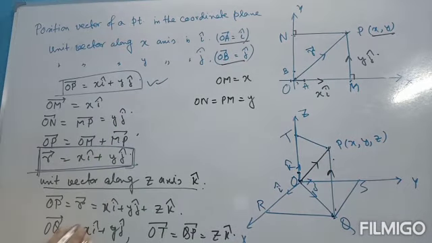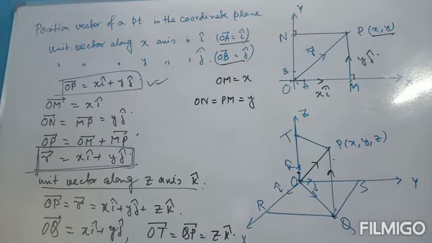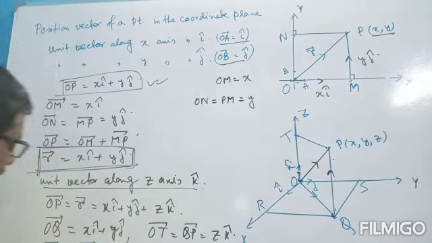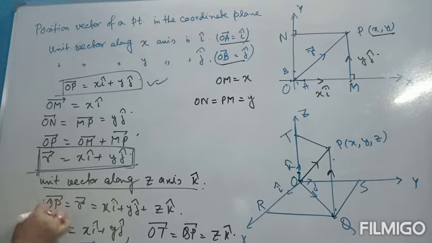Then we can write the OP vector as OP equal to OQ plus QP. Then the OP vector R is equal to x i plus y j plus z k in 3 dimensions also.